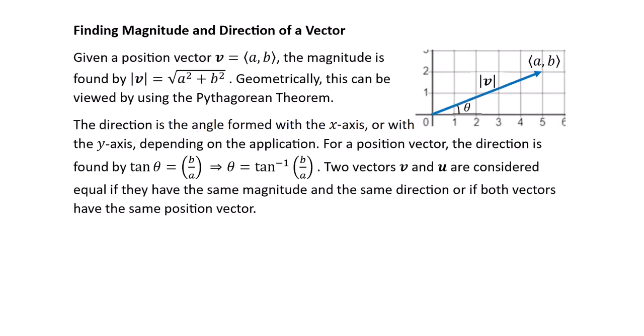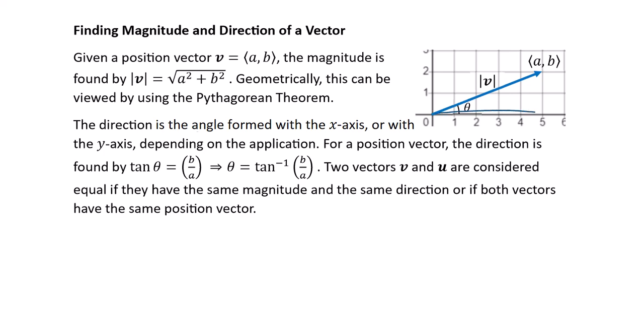Finding magnitude and direction of a vector. Given a position vector v equals <a, b>, the magnitude is found by the square root of a squared plus b squared. Geometrically, this can be viewed by using the Pythagorean theorem.